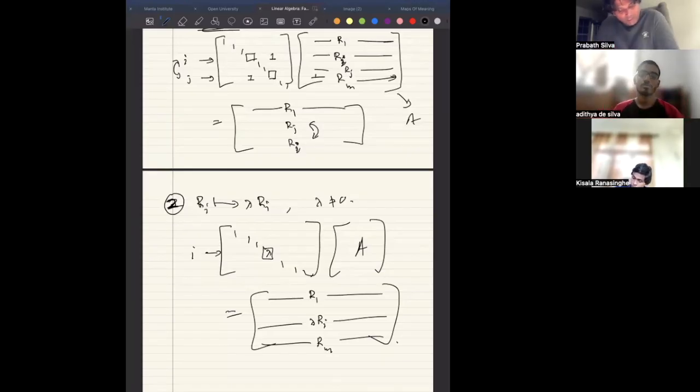So this row operation can be done by multiplying by a matrix like this.